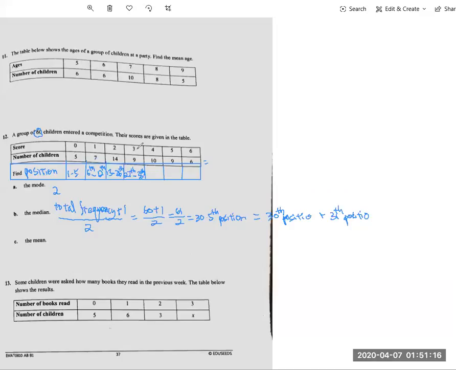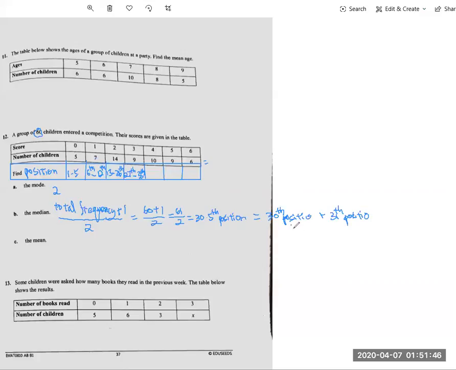So from 27 until 35, each of the positions actually has a value of 3. Teacher says you do not need to work until the whole row, because you only need the 30th and the 31st position. So it's inside here, and each of them, including the 30th and the 31st, is 3.